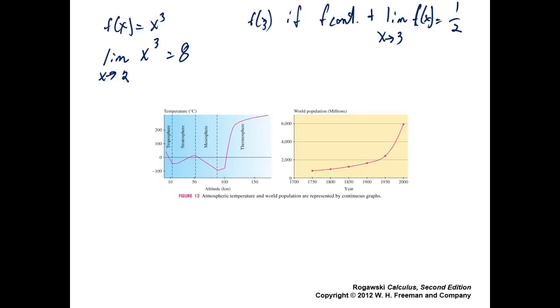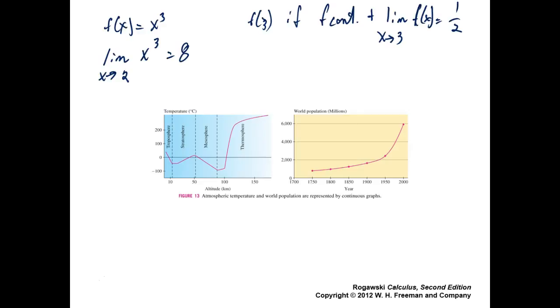So therefore, f of 3 is 1/2. That's all they're getting at. It's a little roundabout, around their elbow to get to the ear. So f of 3 is equal to 1/2. That's all they're saying.